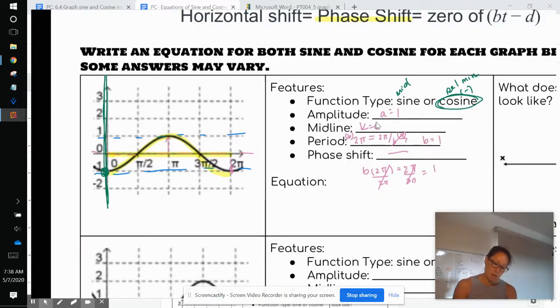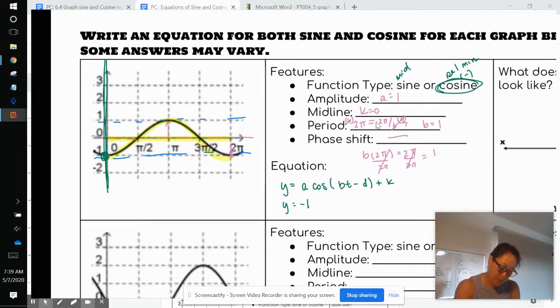Okay, so I'm going to start my equation. Y is equal to A times the cosine of B times (T minus D) plus K. So next up is to fill in all my stuff. All right, so A is 1, except remember we had a negative cosine graph, so it's going to be negative 1 since we started on the relative minimum.